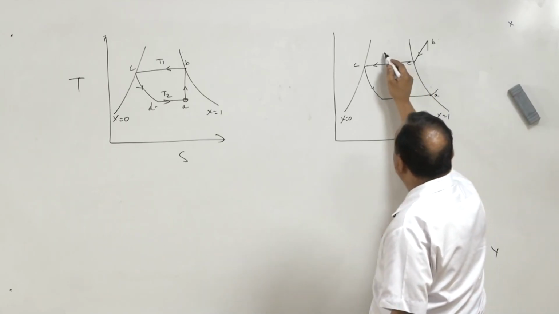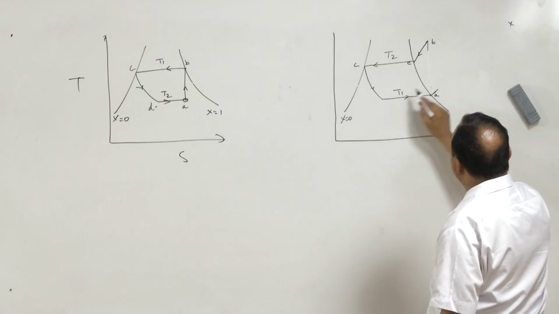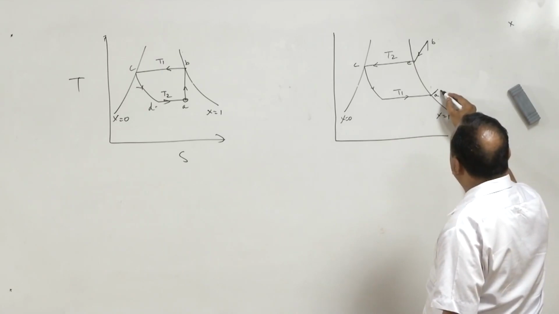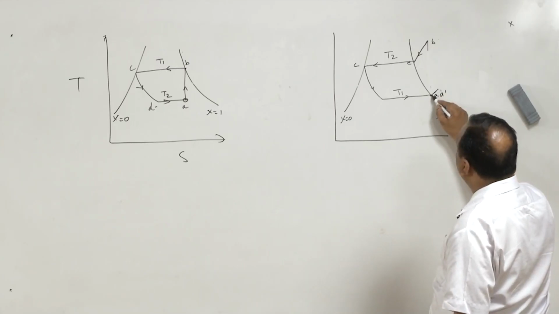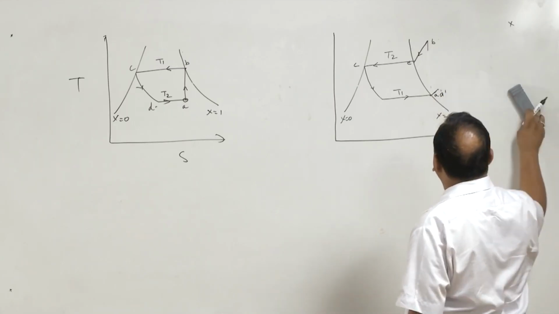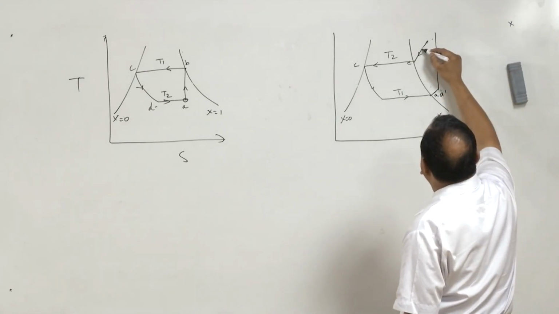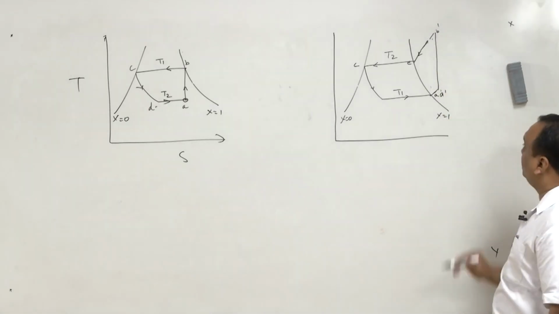Point A, this is T2, this is T1. So, point A is shifted, and the vapor which is entering the compressor is at state A dash, and the temperature at A dash is greater than the temperature at A, and from here the compression takes place and we attain the state B dash.